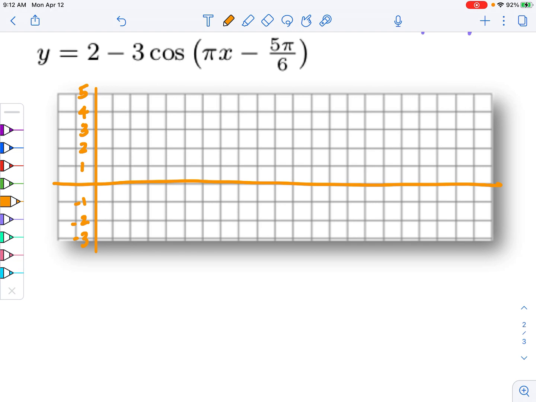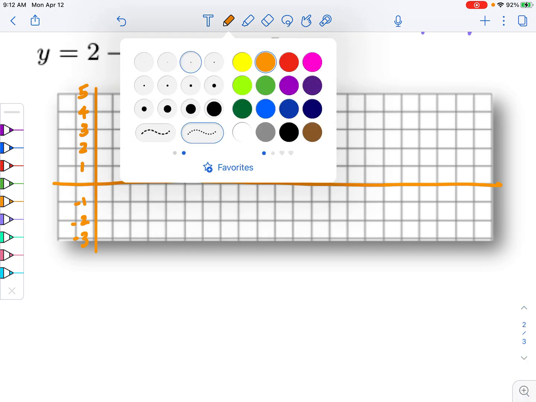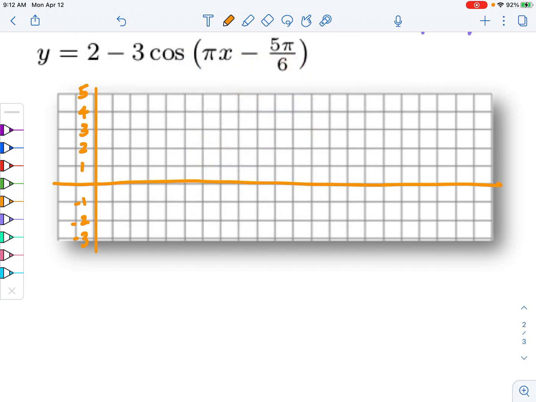Now, what I like to do in a situation like this, because of the +2, I'm going to put maybe a dashed line here. This is my new x-axis. Everything from there with my cosine function will look like a normal cosine with my x-intercepts here. Okay, I'll explain what I mean by that.